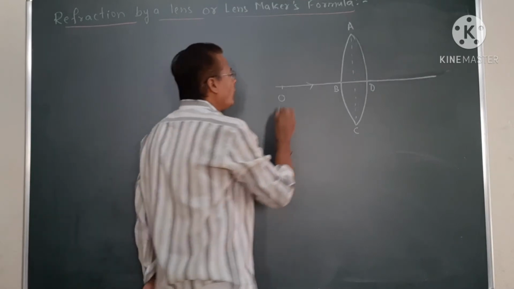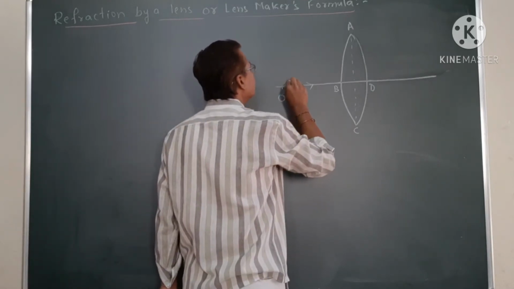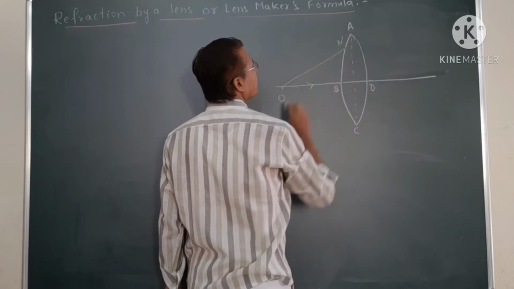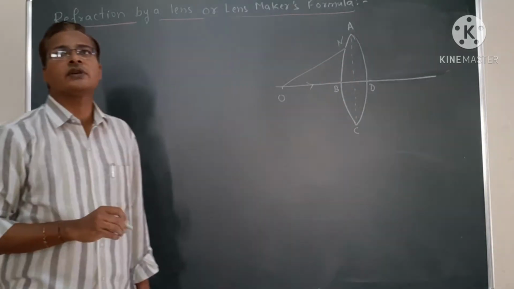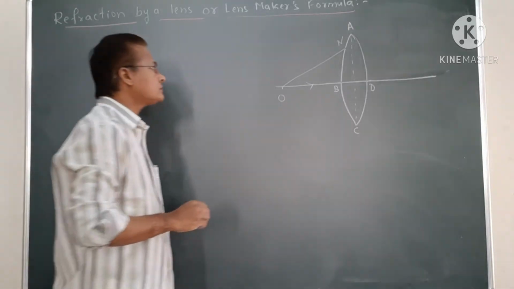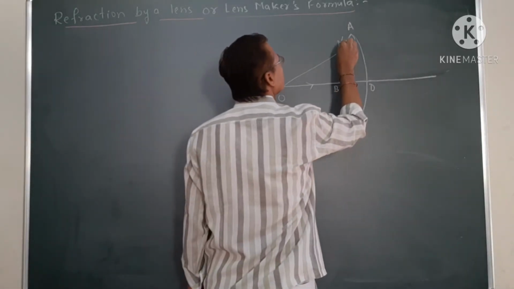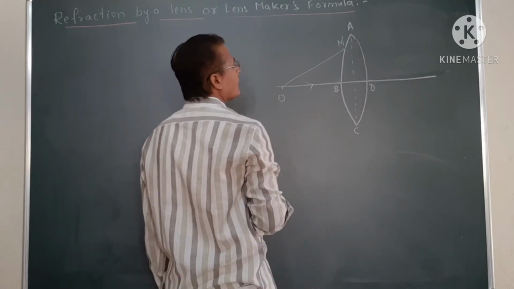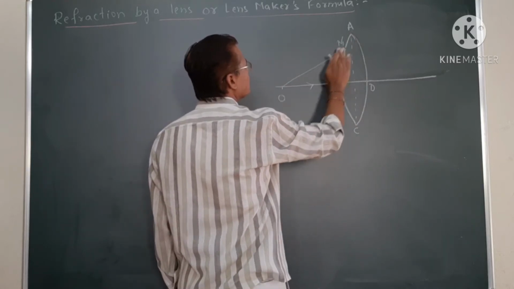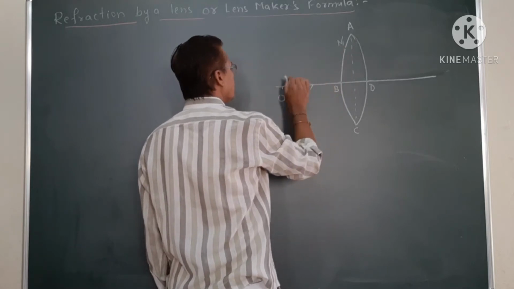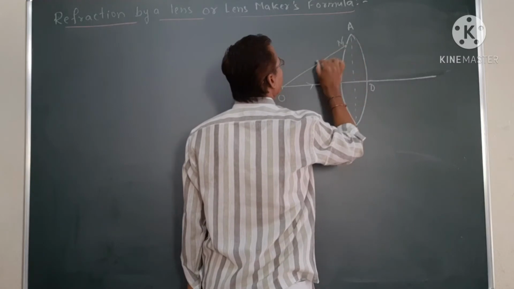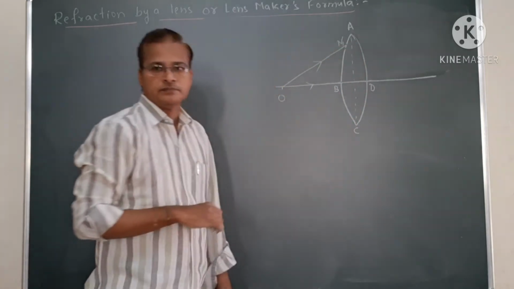Now one ray is incident at the point N. This is what we are going to call N1. The ray is incident at this point.